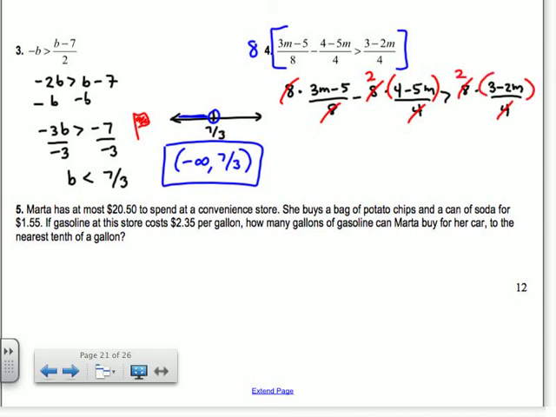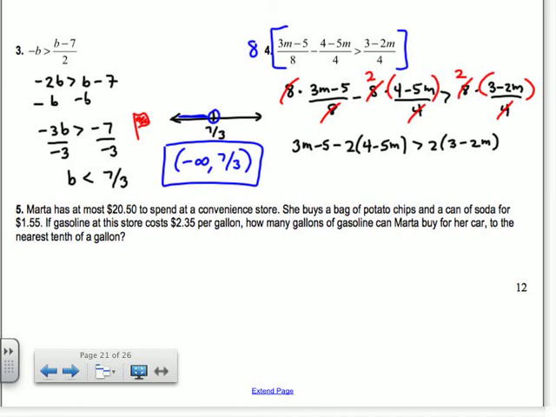So what I really have here is 3m minus 5 minus 2 times 4 minus 5m is greater than 2 times 3 minus 2m, like that. Does that make sense to everyone? If you're confused, let me know. So basically we cleared all of the denominators. All the denominators are now gone.